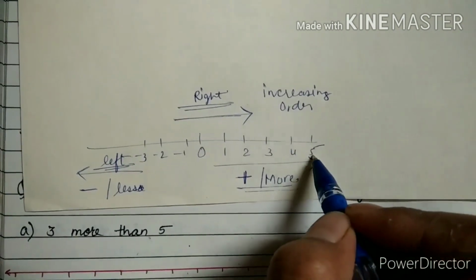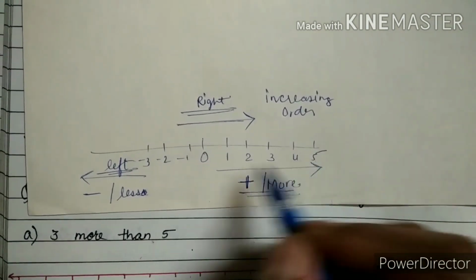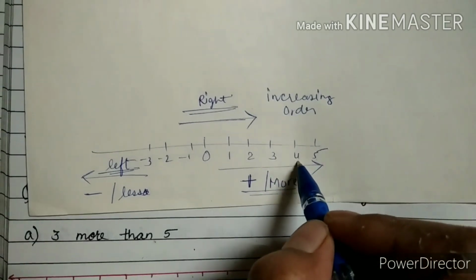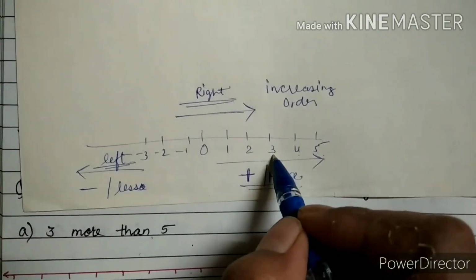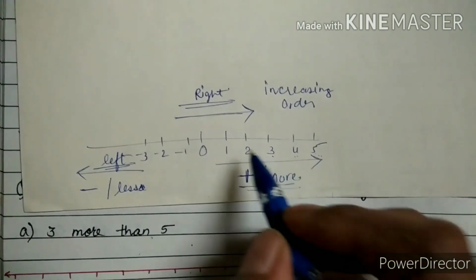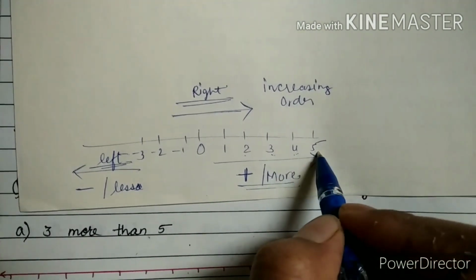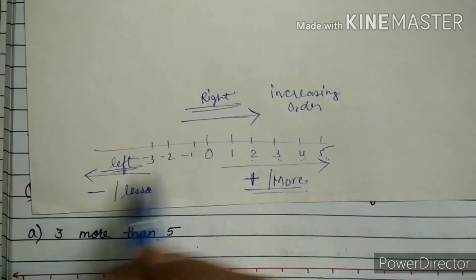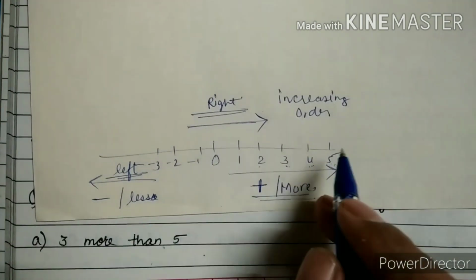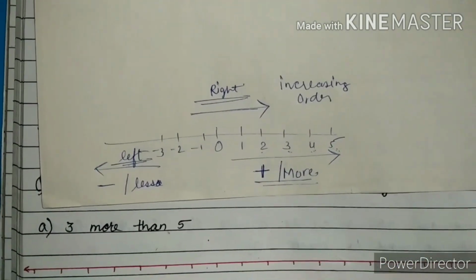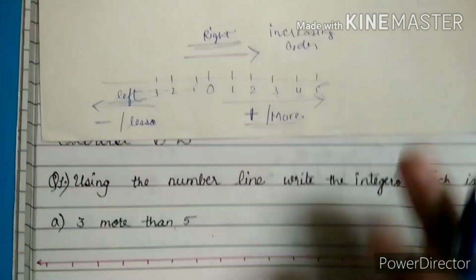When we start from 5 and move left, 4 is less than 5, 3 is less than 4, 2 is less than 3. So on the left side we have decreasing order, on the right side we have increasing order. Let's do the question.